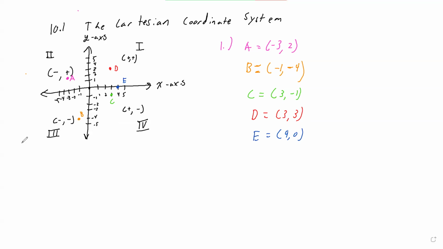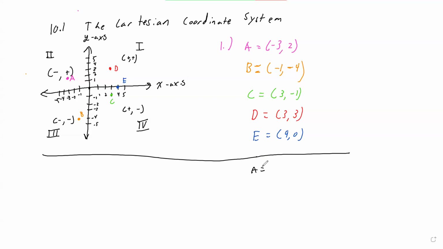So let's do some more. Actually, this is what I'll do. I'm going to write them over here. Give you an opportunity to try it. It'll give me time to graph as well. So graph, and if you want, you can put them on the same one.